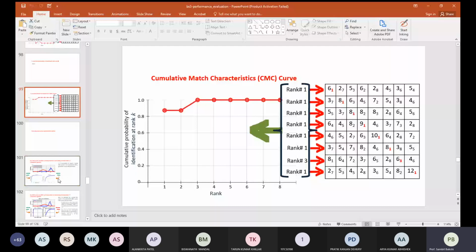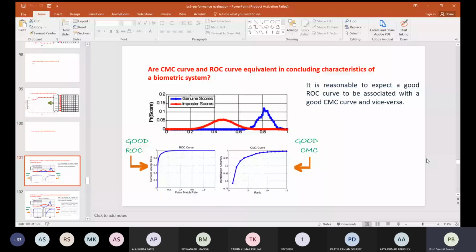After the CMC curve is drawn, we can somehow understand that a good ROC is related to a good CMC, and a good CMC is related to a good ROC. That is what we feel generally, isn't it? If a biometric system is good, we can feel that its ROC will be better and CMC will also be better.